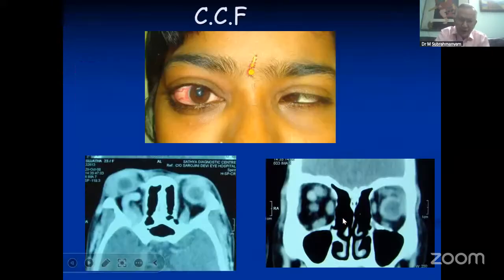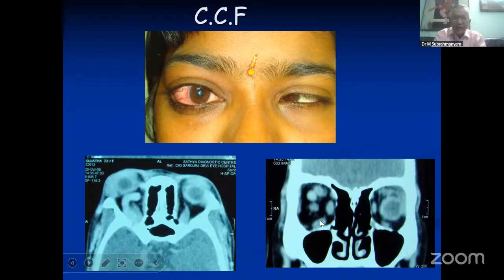Cysticercosis, we'll leave it there. Here you can see a patient with proptosis of the right eye, and the right eye is not abducting. That means the lateral rectus is paralyzed. You can see caput medusae, engorged blood vessels, and the CT shows an engorged superior ophthalmic vein on that side, with an increase in the size of the extraocular muscles.